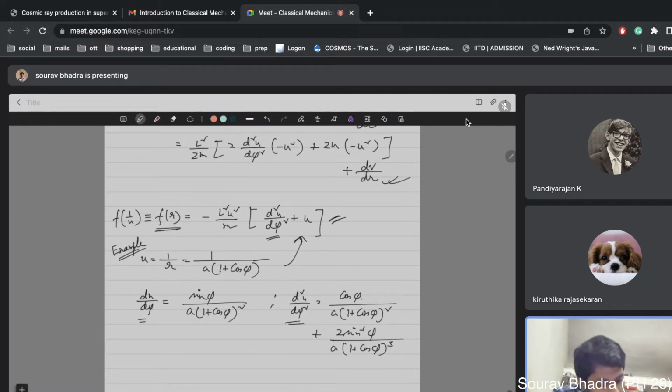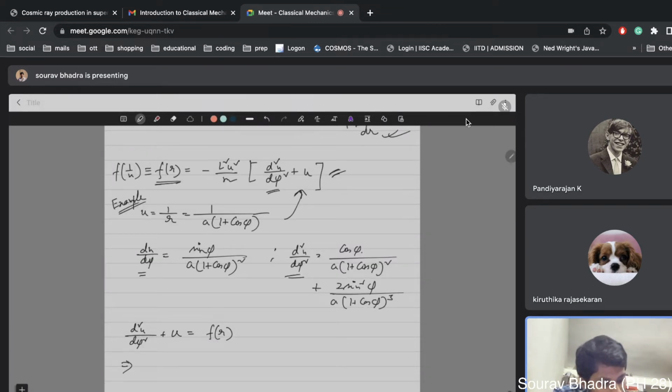Now our equation tells that d2u d phi square plus u, that is actually our force which is acting on the particle. Okay, now it is a very trivial job: cos phi over a (1 plus cos phi) square plus 2 sin square phi over a (1 plus cos phi) cube, plus u, which is already given in the equation as 1 by a (1 plus cos phi).